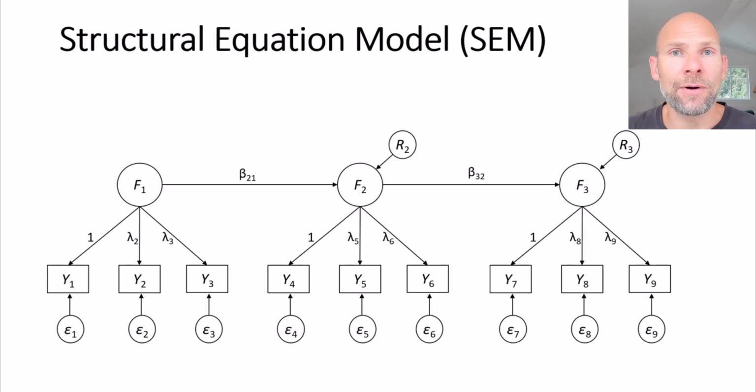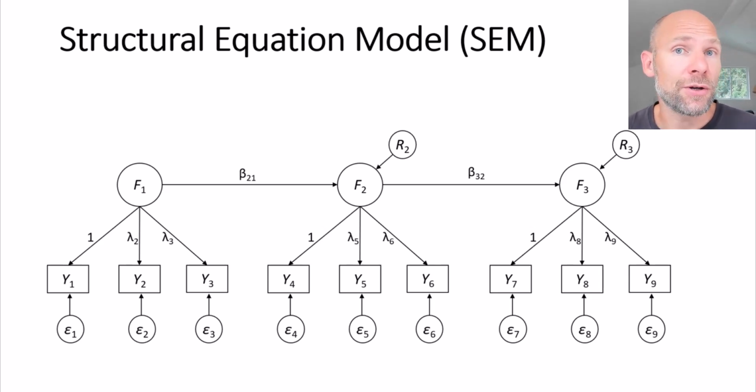So in summary, the structural model of a SEM is more complex than the structural model of a CFA. In a CFA, we typically only estimate covariances. We don't have to estimate those covariances. We can also set them to 0.